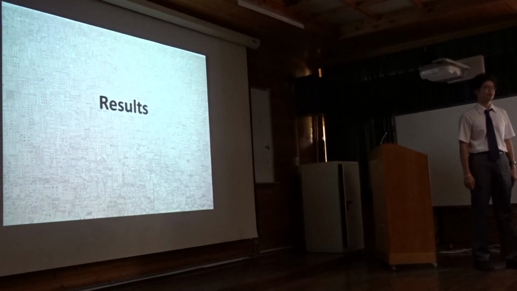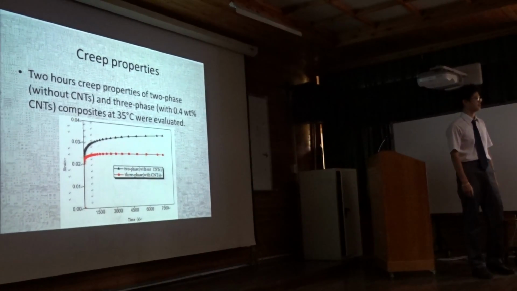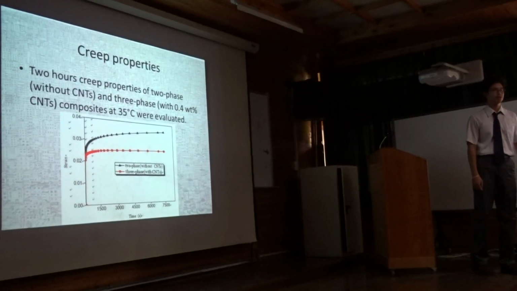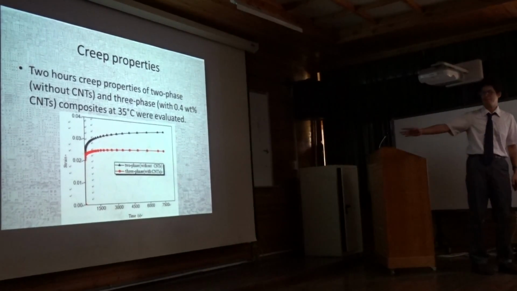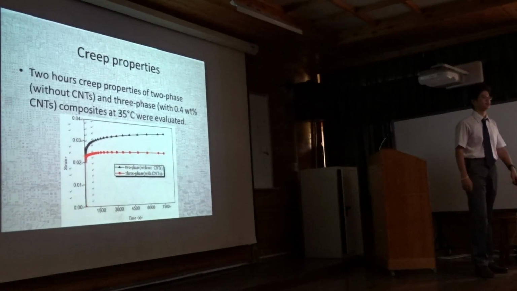The next part is results. 2 hours creep properties of two-phase and three-phase composite at 35 degrees were evaluated. This figure shows the effects of carbon nanotubes on the creep properties of composite.